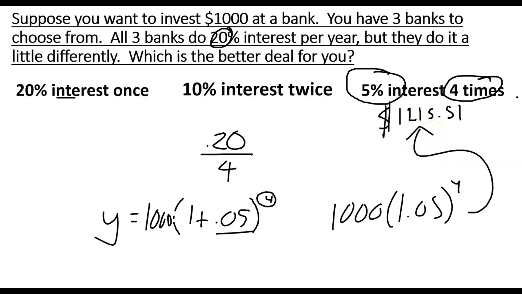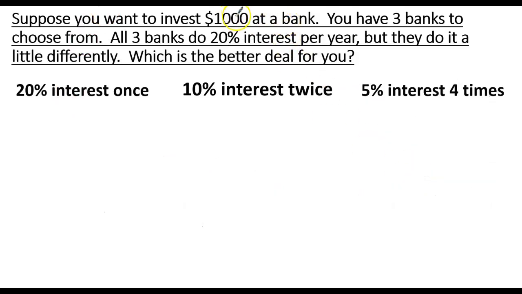So instead of taking 5% 4 times and adding it on, we can just do 5% as our R value and add it into our growth rate. And so that is a much faster way of getting it. So now we're ready to actually introduce you guys to the compound interest formula, okay? The compound interest formula looks like this.